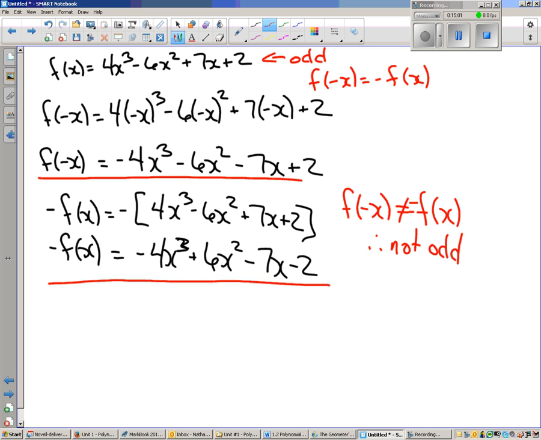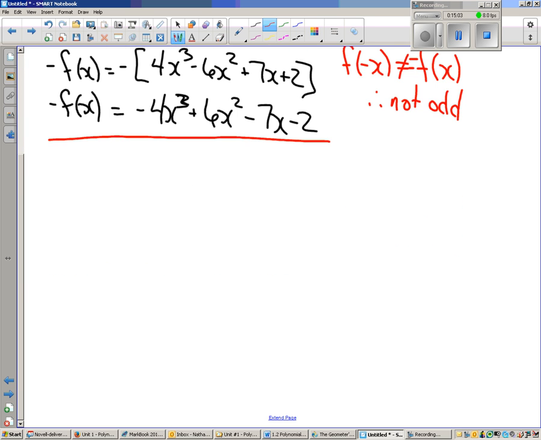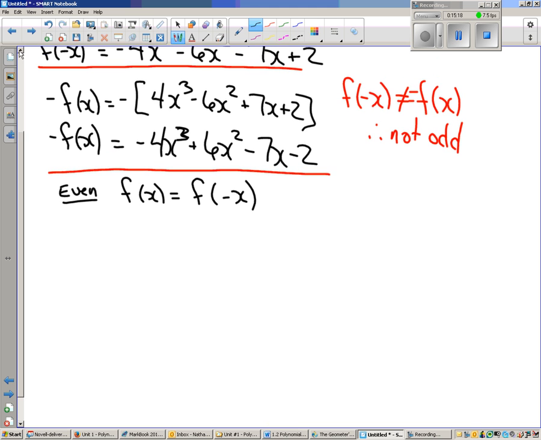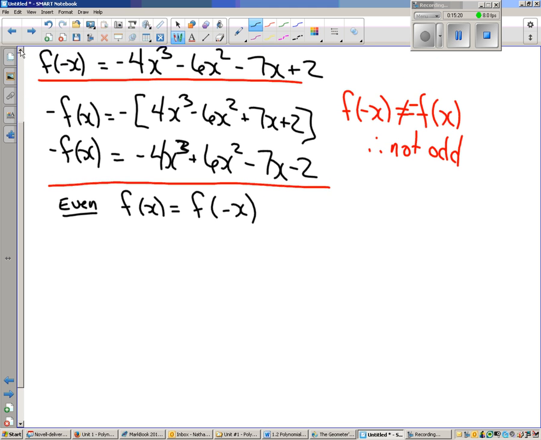So then we're going to try and test to see, well, maybe it is an even function and we're not sure. If it's an even function, then we know that f of x is the same as f of negative x. So we go and look up and see what we have. We know f of negative x is negative 4x cubed minus 6x squared minus 7x plus 2.